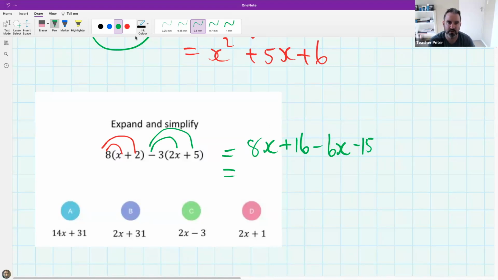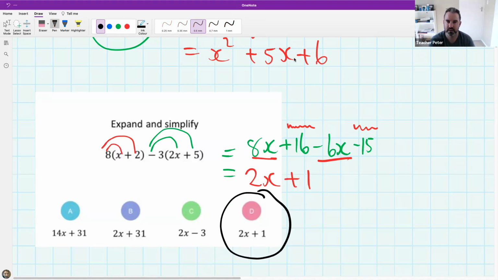The like terms will be 8x minus 6x, and then the other like terms would be 16 minus 15. So I get 2x, and 16 minus 15 is 1, so 2x plus 1. And so the correct answer is going to be D.